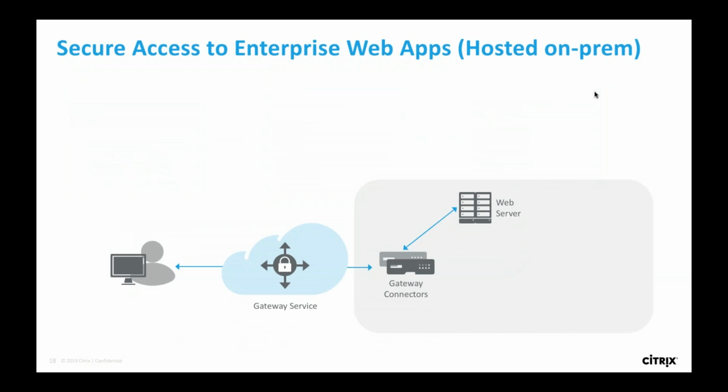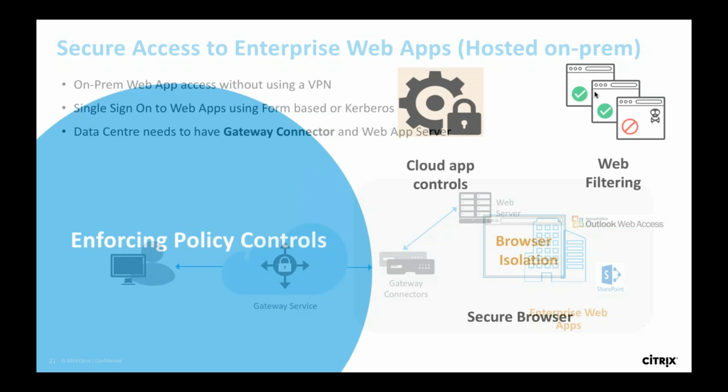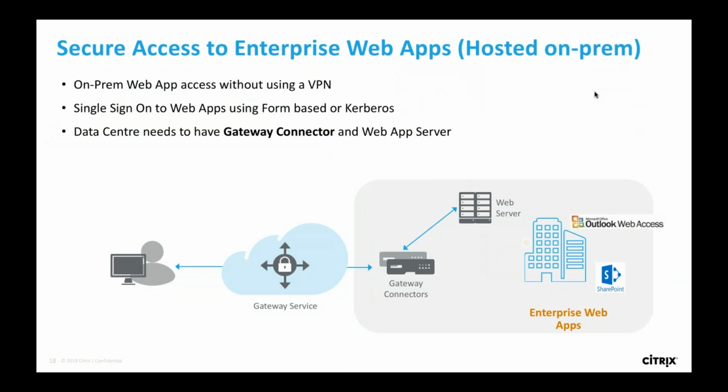Now, while SaaS applications are obviously proliferating, a lot of our customers also have significant investments in hosted on-prem applications, or what are called enterprise web applications. What we can do is eliminate the use of a traditional VPN for some of these use cases, and instead allow access to these applications through that integrated experience I talked about in the context of Workspace.